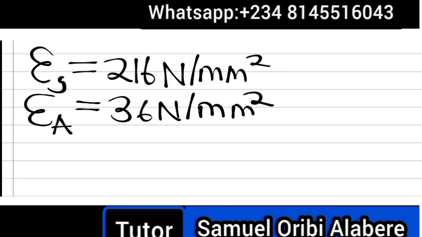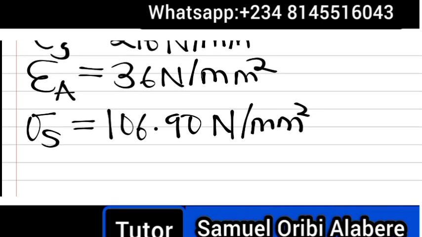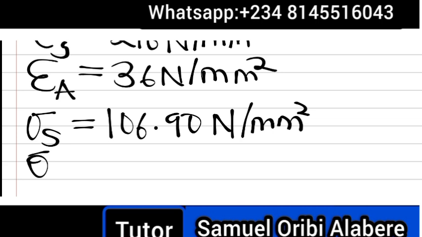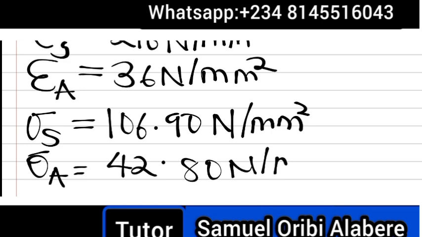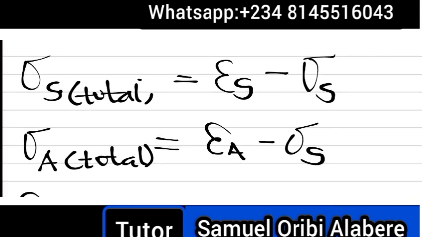In our previous video we got our value of the stress on steel, which is equal to 106.90 Newton per millimeter square, and we now got our value of this symbol, which represents the stress on aluminium, as 42.80 Newton per millimeter square. If you substitute the following parameters into the equation above, we are going to get our final stress in the steel and aluminium.